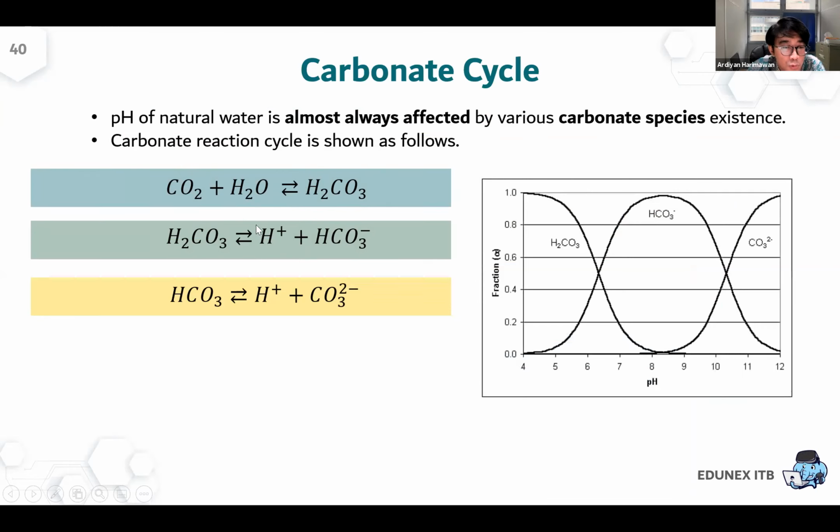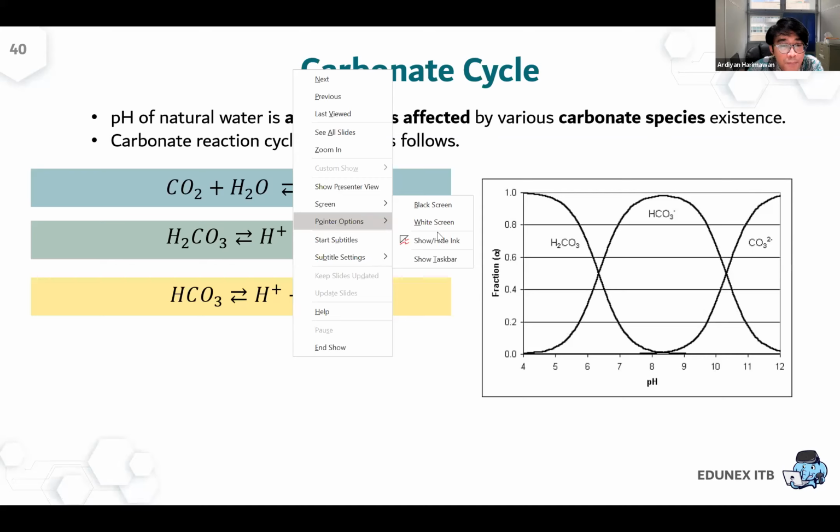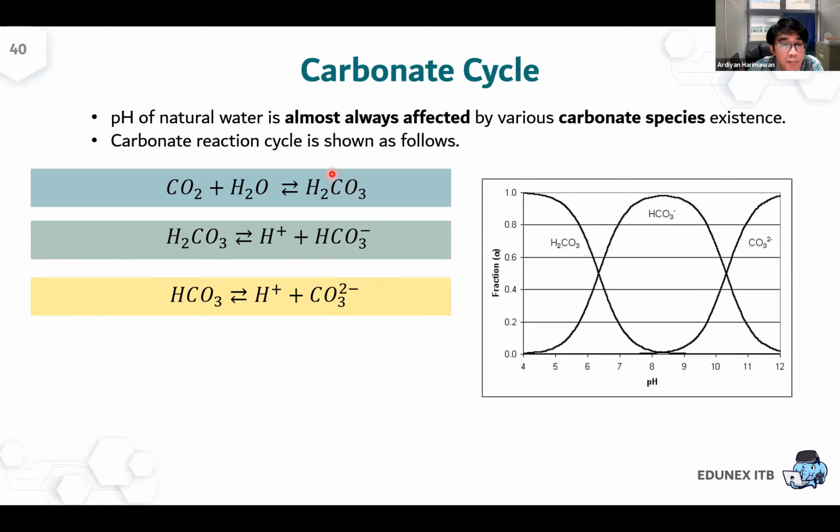CO2 can be in the form of carbonic acid, bicarbonate, and carbonate. And it will be influenced by pH because it's all in equilibrium. Besides pH, it also will be influenced by the concentration itself.